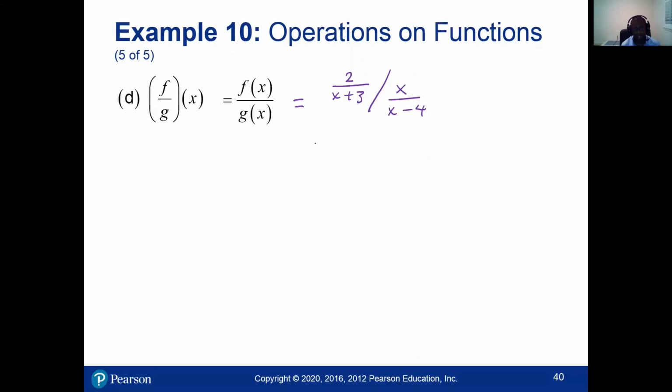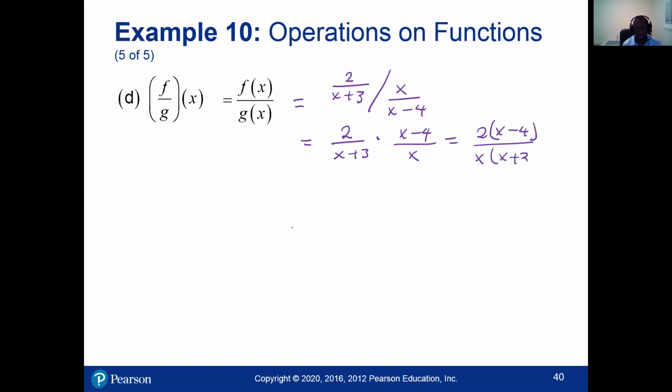So let's simplify. This will be 2 over x plus 3 times, then you flip that, which is x minus 4 over x. So this will give us 2 times x minus 4 divided by x times x plus 3.